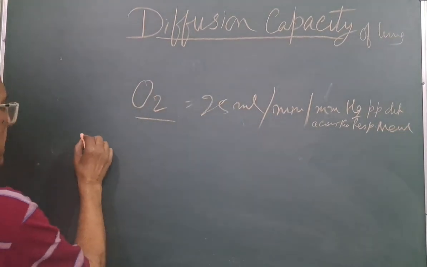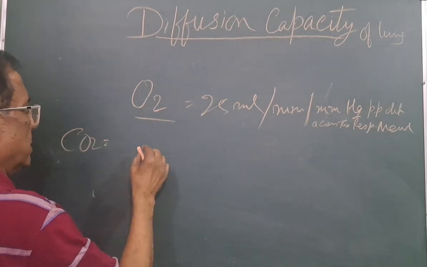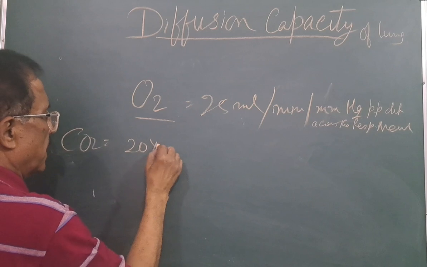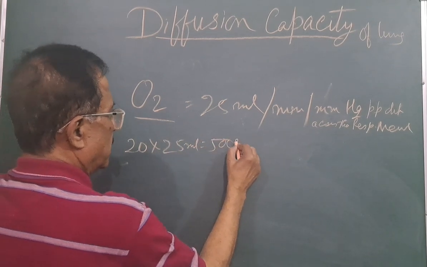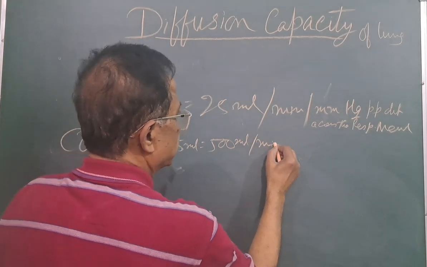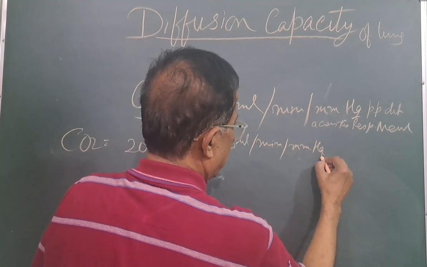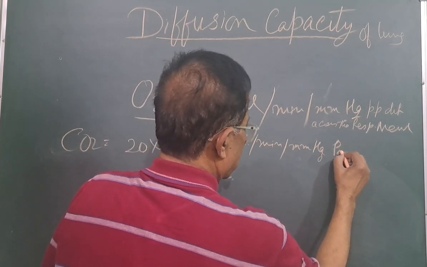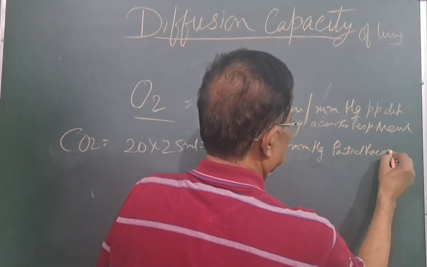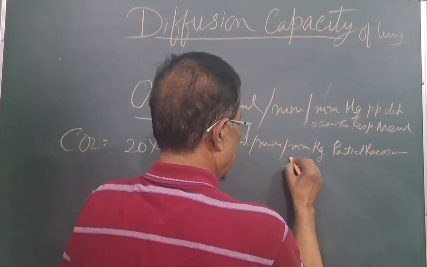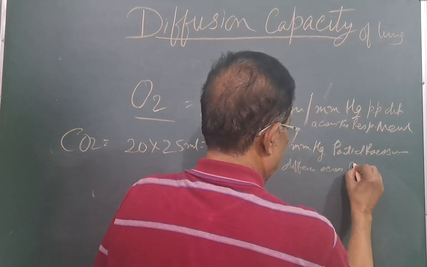And for carbon dioxide, it is 20 times that of oxygen. That is 20 into 25 milliliter, that is about 500 milliliter per minute per millimeter of mercury, partial pressure difference across the respiratory membrane.